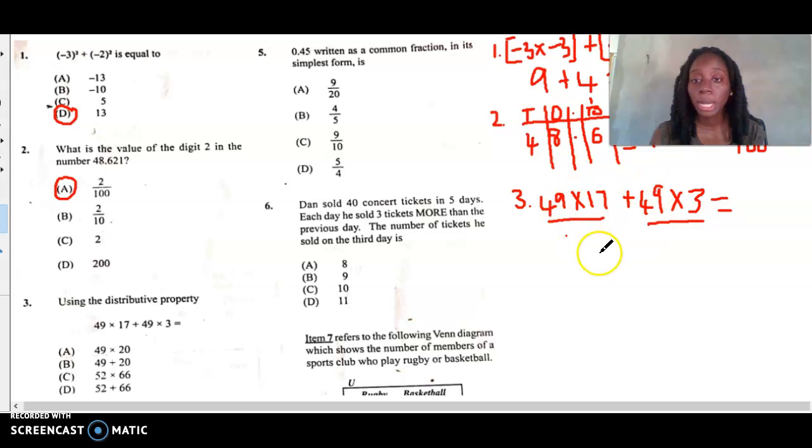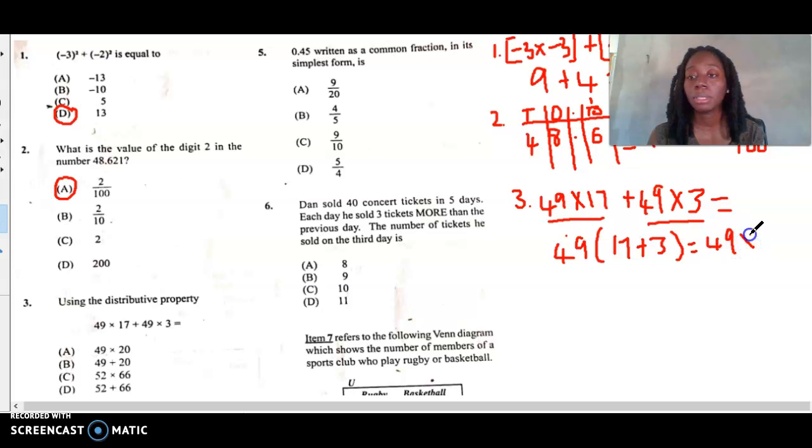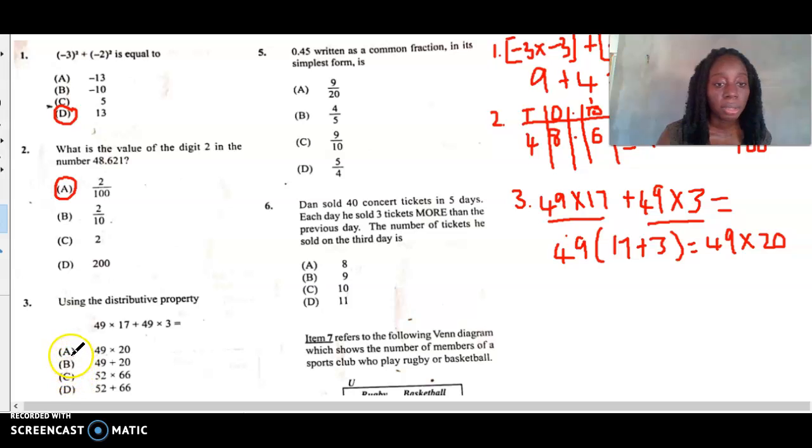Factoring out 49 would give us 17 plus 3 in brackets. Remember that brackets means to multiply, so I can rewrite this as 49 times 17 plus 3, which is 20. Looking at my options now, the answer is A.